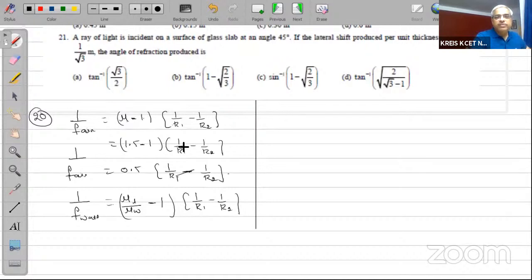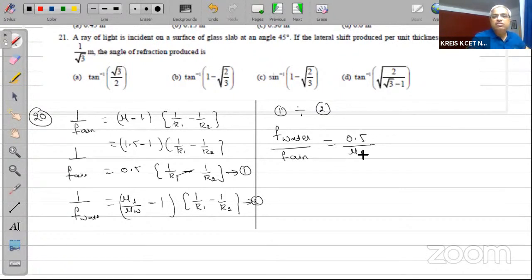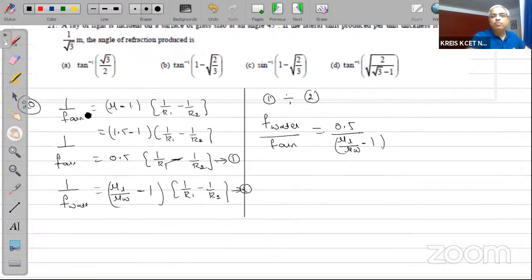Let's call this equation 1 and this equation 2, and divide 1 by 2. Then I will get focal length in water divided by focal length in air equal to 0.5 divided by (refractive index of the lens divided by that of the water minus 1). The 1 by r1 minus 1 by r2 cancels out. You don't have to bother about it.